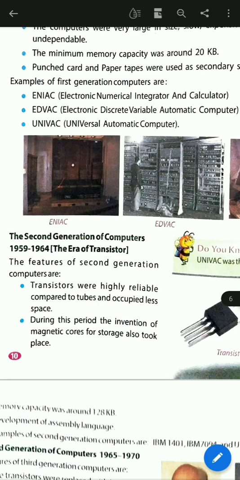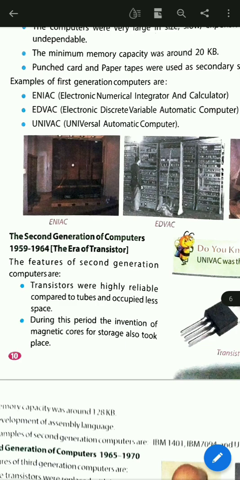Memory capacity was around 128 kb. Earlier it was 20 kb, but in the second generation the memory capacity was around 128 kb.